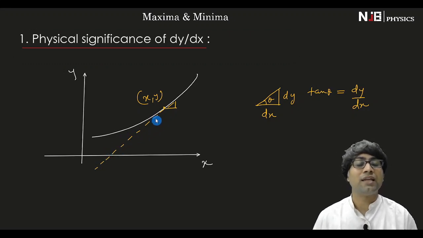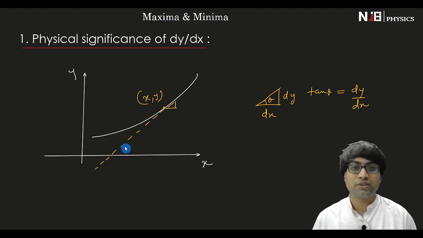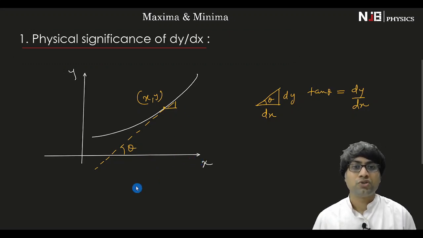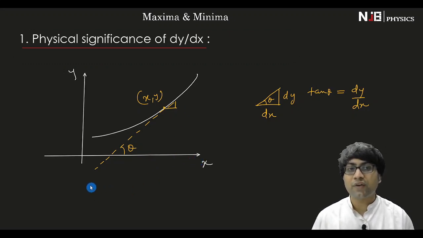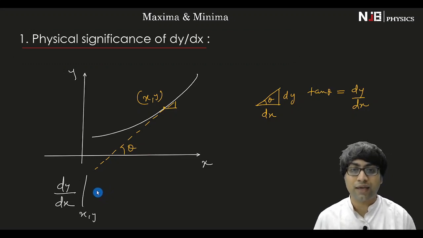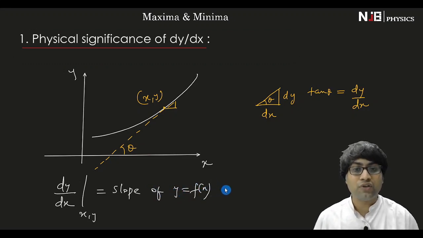Well, this particular line is going to be the tangent at x comma y, because this line is going to make angle theta with the positive x-axis. So this is how we got the physical significance of dy by dx, that dy by dx at any point x comma y in a function y as a function of x is going to be equal to the slope of y equal to f of x graph, at x comma y.